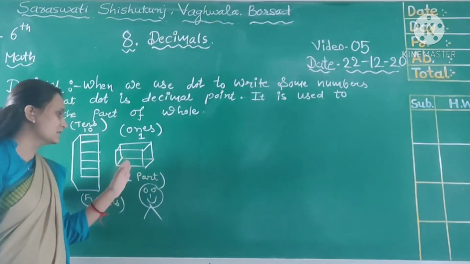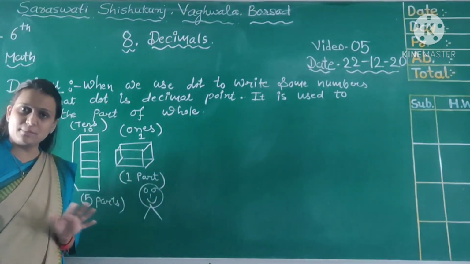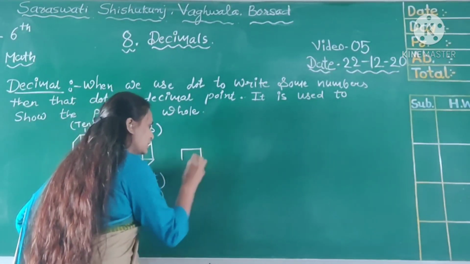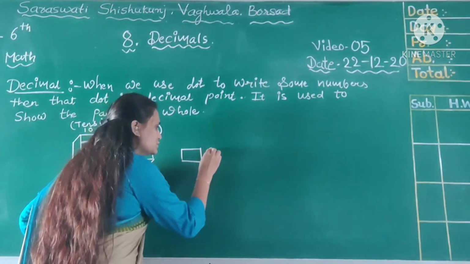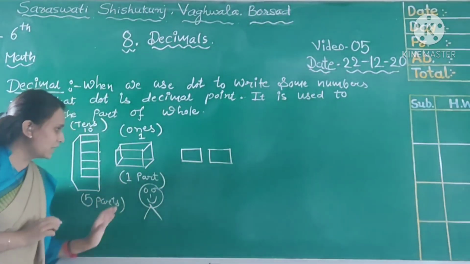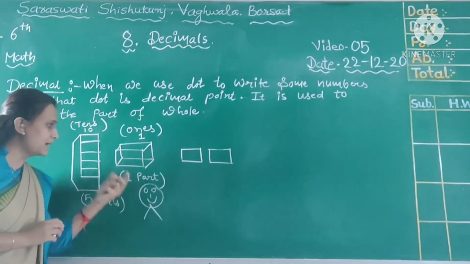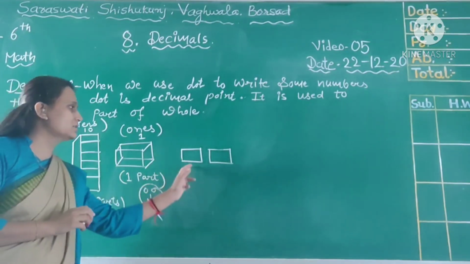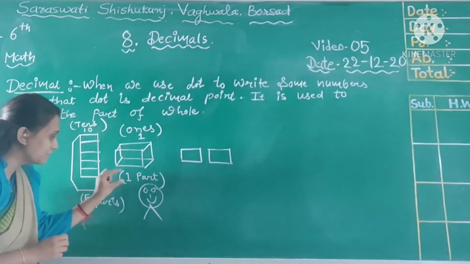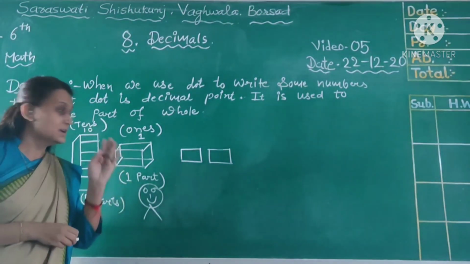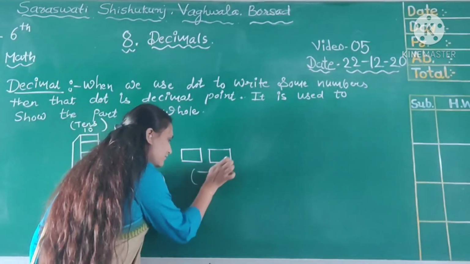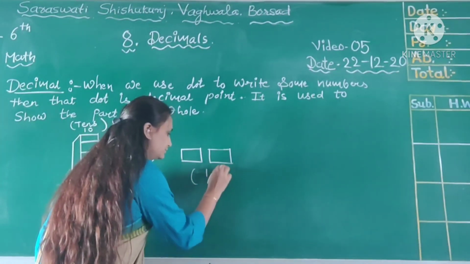But now, from the one whole part, if I share it with my 2 friends, it means I have to divide the same part into 2 equal parts. So suppose I divide the chocolate into 2 parts. These 2 parts will look like this. So from one part I have divided the same chocolate into 2 equal parts. Means it is the 1/10th part.